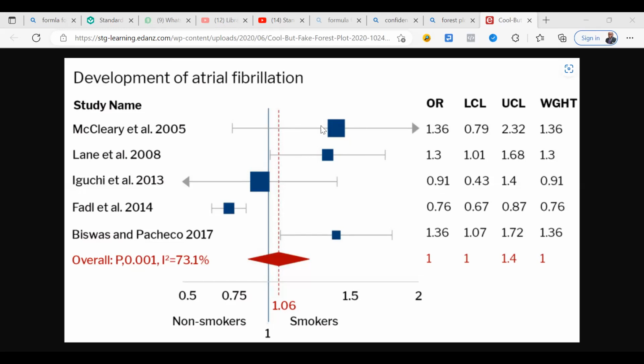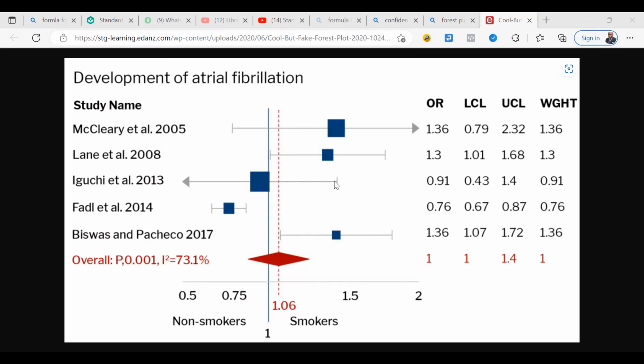So the odds of developing atrial fibrillation decreases by 9% among those that smoke compared to those that do not smoke. However, the confidence interval crossed 1. Therefore, the study is not significant.